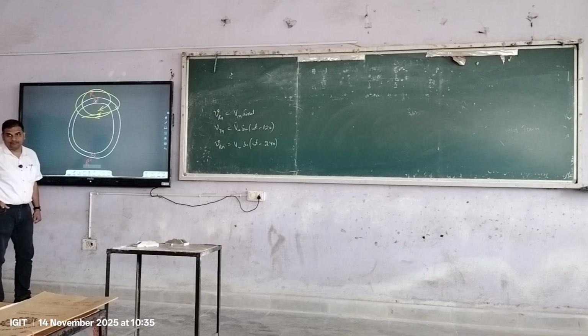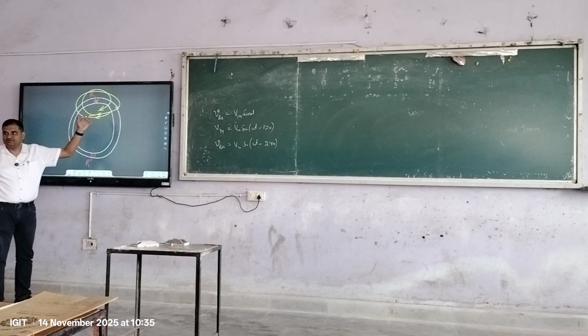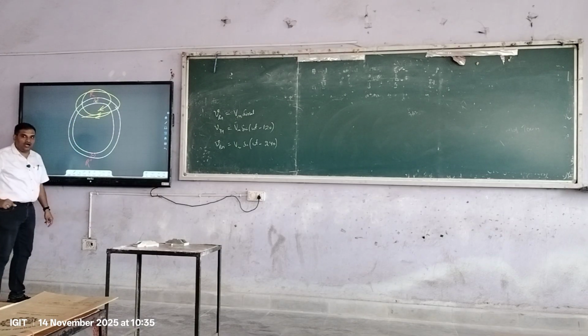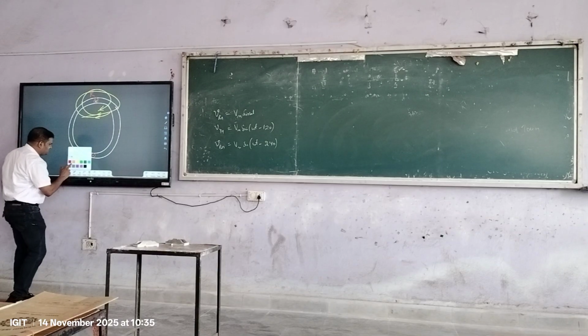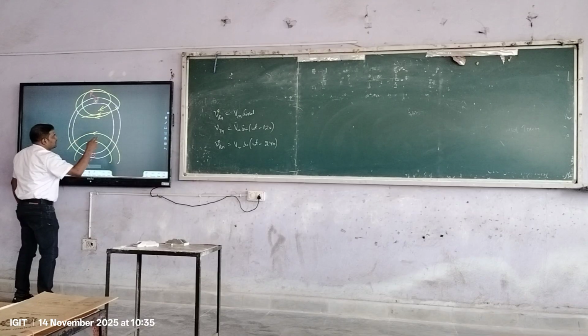Correct? No two lines of force can intersect each other. According to the diagram it is intersecting, but remember that no two lines of force can intersect each other. So it will create a flux like this. Now because of the dot, it will also create a flux outward. So what kind of flux will it be? And how will its flux be?